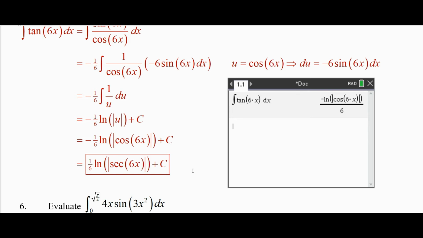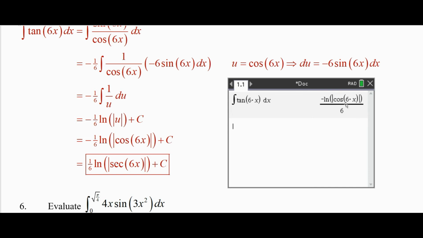Now, I did something in the last step that's optional, you could do or not do. The negative 1 here I brought inside and made essentially into a power, and cosine to the negative 1 power is secant. So I have 1/6 the log of the absolute value of secant of 6x plus c. That's another way to write it.